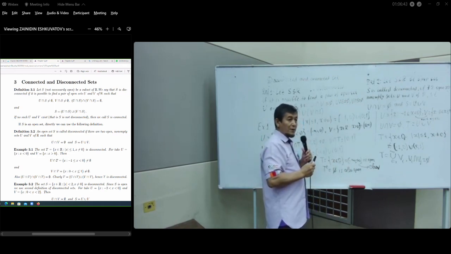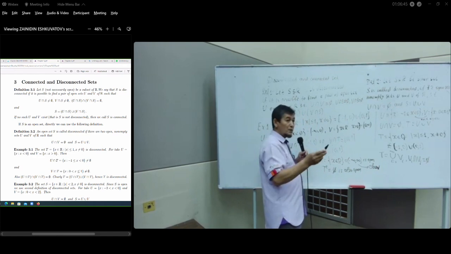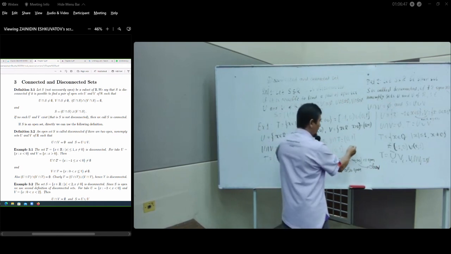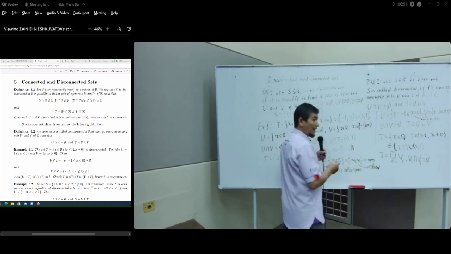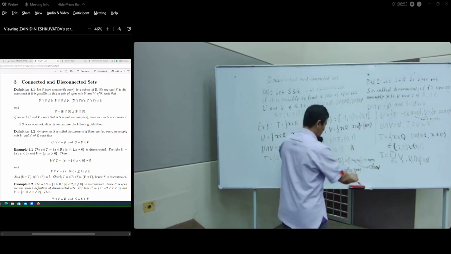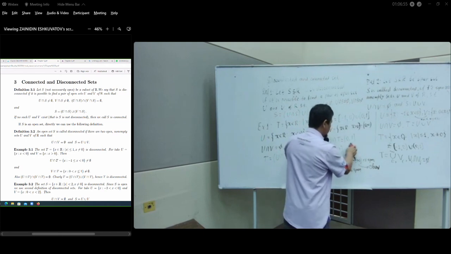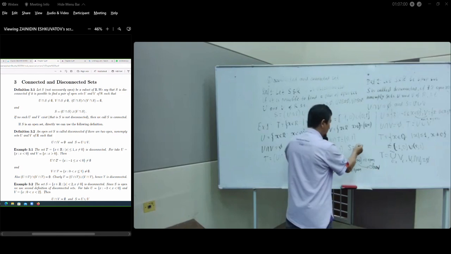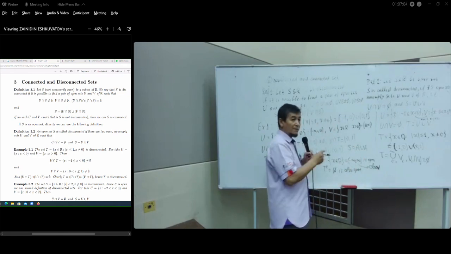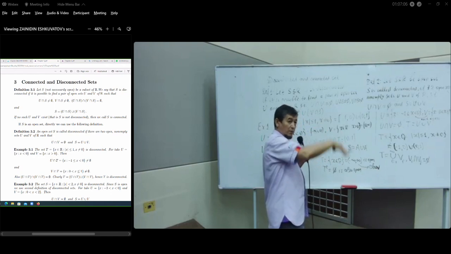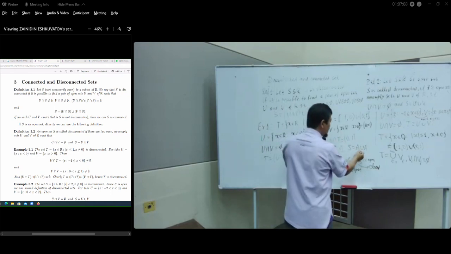On the other hand, for closed sets, if you remember, any set A union A prime, where A prime is the set of accumulation points, is always a closed set.